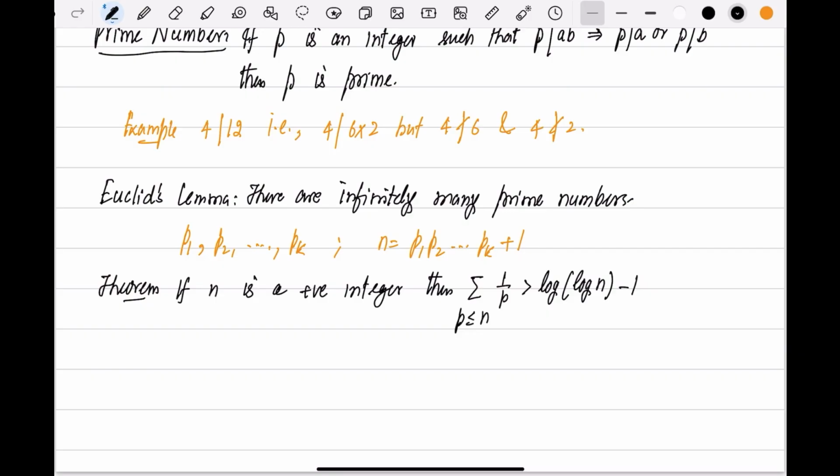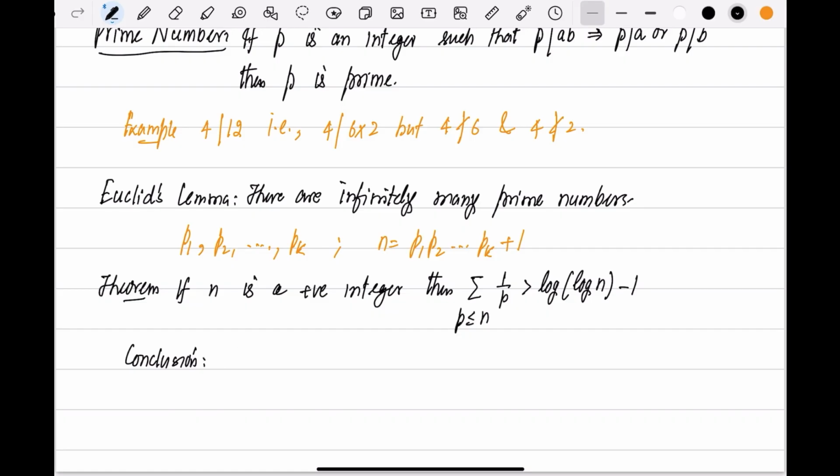So what this result tells us is that for any integer n, the sum of reciprocals of all prime numbers less than or equal to n is always greater than log n minus 1. So what is the conclusion?